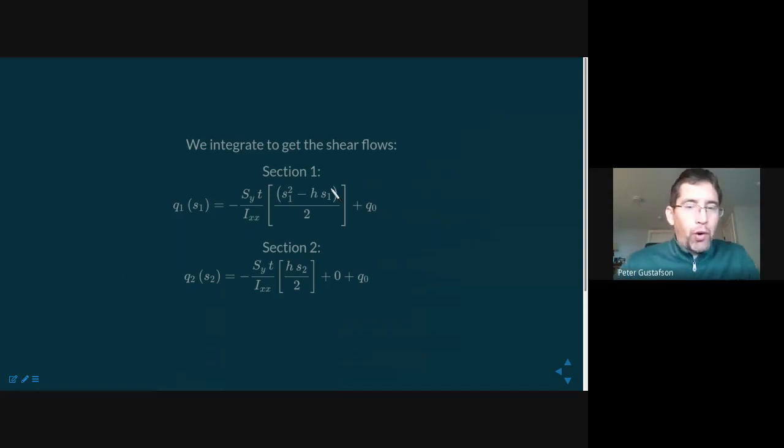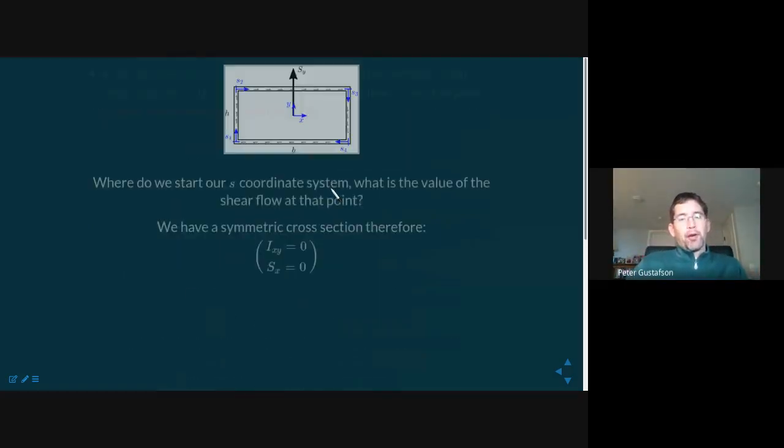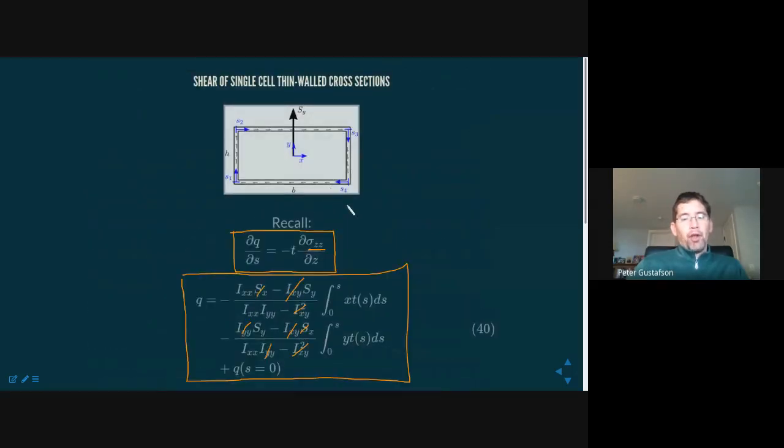Okay, so the next step, of course, is to integrate the equations. I'll go back here to the equation we're integrating. The simplified version of this equation is now q is equal to minus sy over ixx times the integral from 0 to s of y t ds. So we're integrating this equation.